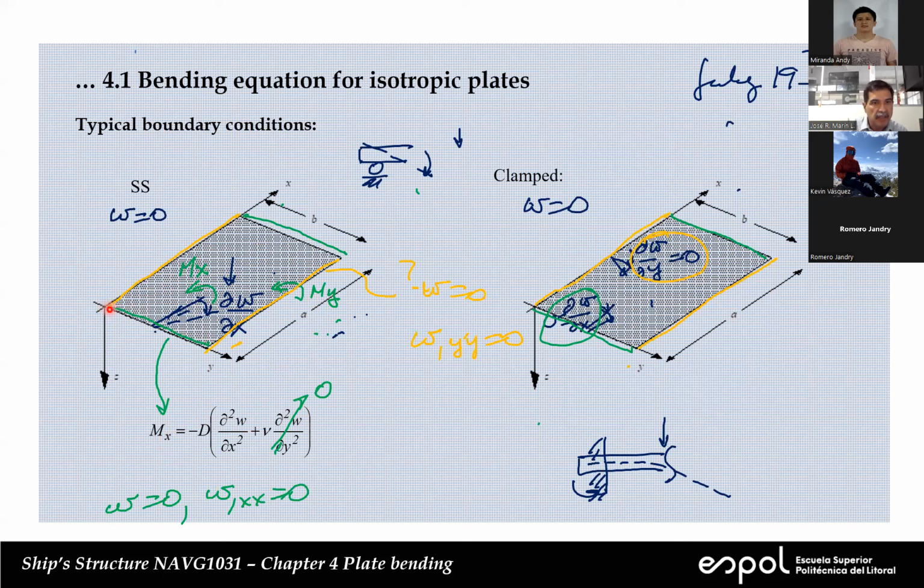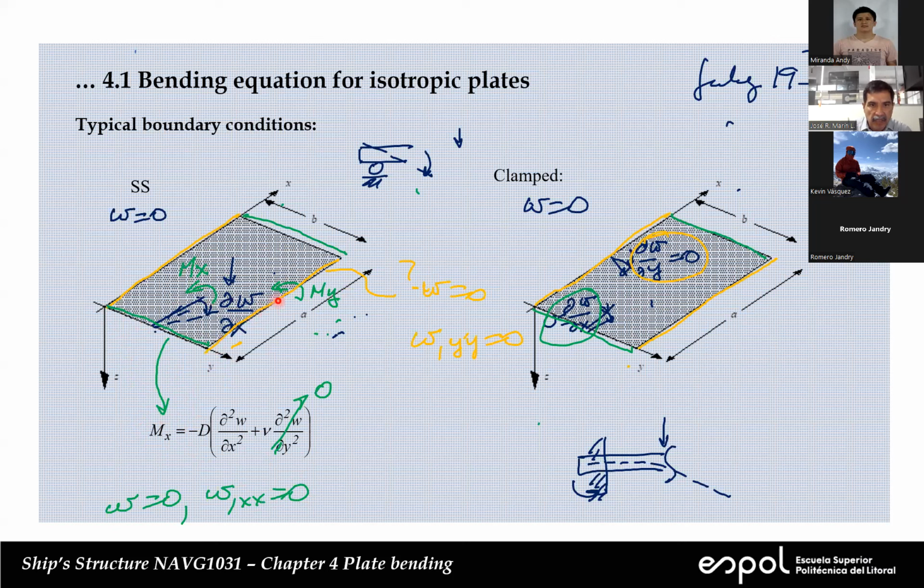But since w is exactly equal to 0 along this edge, because it's a condition, this direction is y, so this is 0. So an equivalent condition for this is that the second derivative in the x direction on this edge has to be 0. Similarly for this edge.